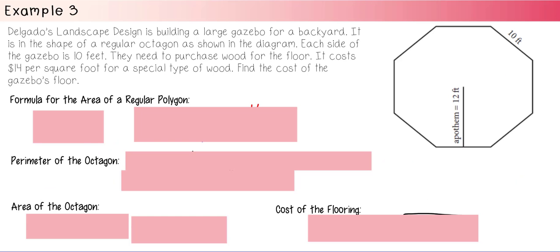So sometimes we have what we call regular shapes. And remember that if it is a regular shape, what that means is that all sides are the same length.